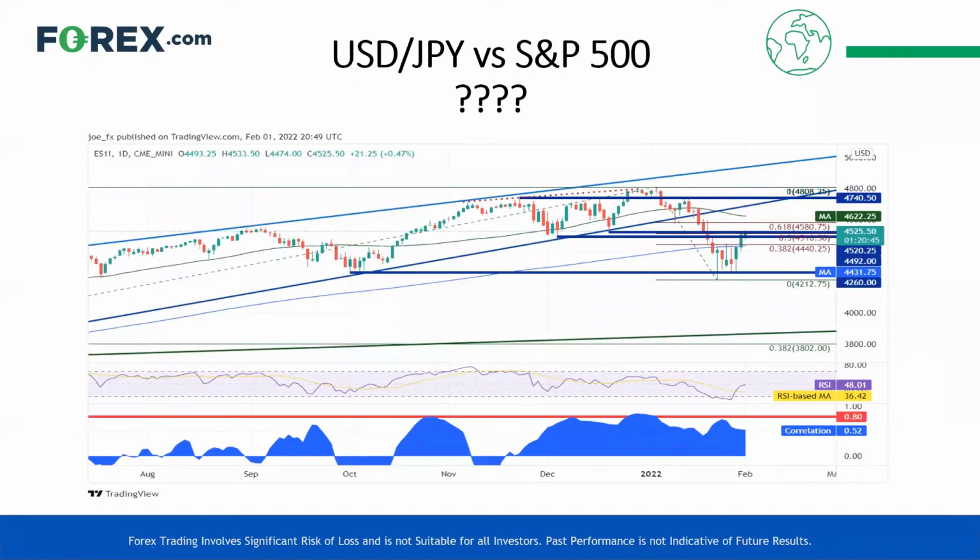So people trade dollar yen and they say one of two things: either it follows yields, or it follows the S&P 500 with a risk on, risk off. Some people think it's a negative correlation to gold. At times it is, and it certainly isn't today.